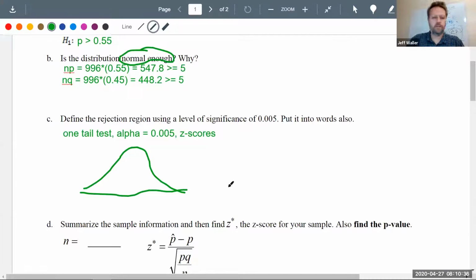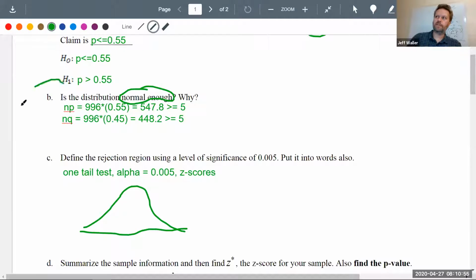Where's the tail? Is it on the left or the right? Yes, because right there, H1 sets up where the rejection region is. It says greater than.